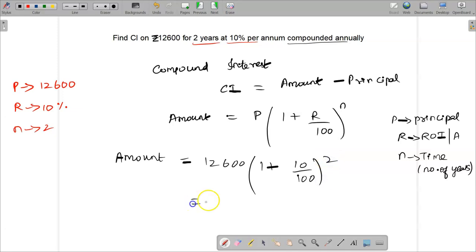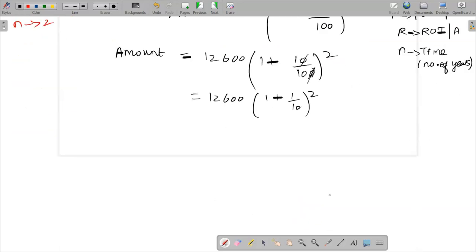So let me solve for this. So here 0, 0 get cancelled. So 12,600 into 1 plus 1 by 10, the whole square I have. So let me first take LCM inside the bracket. So 12,600 into, so take the LCM here, the common LCM is 10.